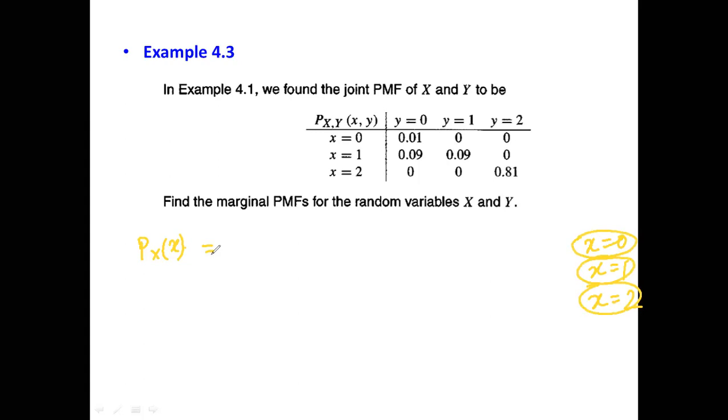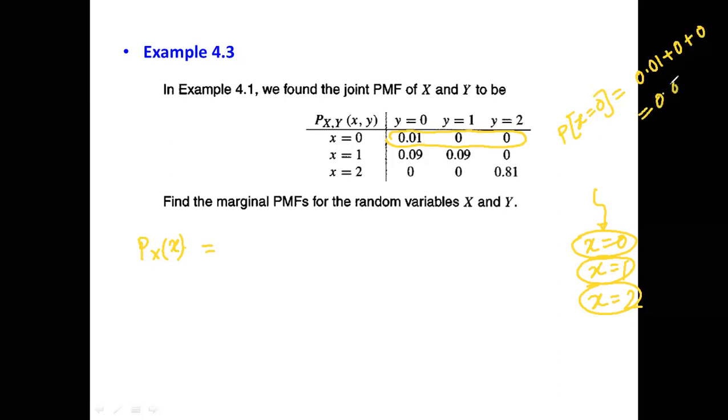All right. So the thing is, for X equal to 0, what is the probability? We already have seen that probability of X equal to 0, we have to take all the values of Y. Or we can say we have to take all the probabilities of Y. So probability of X equal to 0 will be equal to 0.01 plus 0 plus 0.